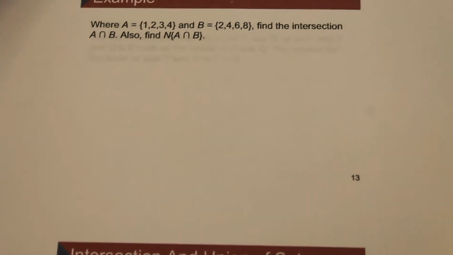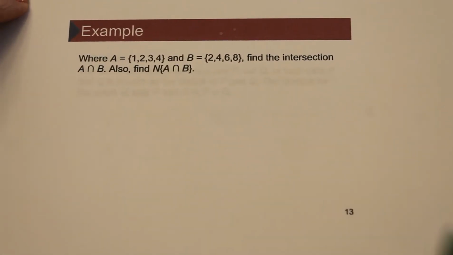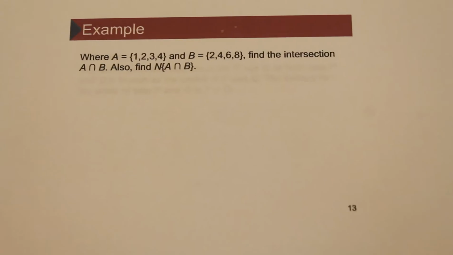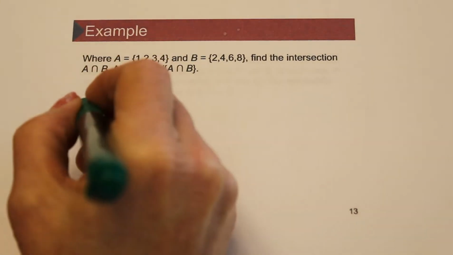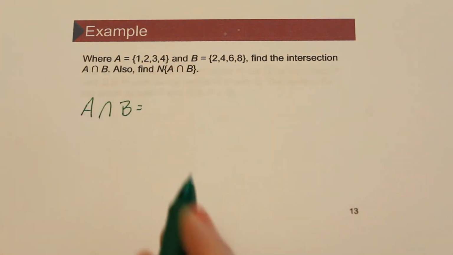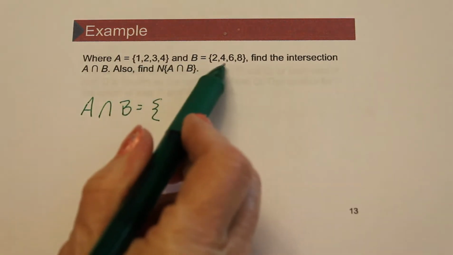So here I have set A has the elements 1, 2, 3, 4, and set B has the elements 2, 4, 6, 8. And we want to find the intersection, and then also we want to find the number of elements in the intersection. So set A intersects with set B. It's going to be a set. So 1, is 1 in B?